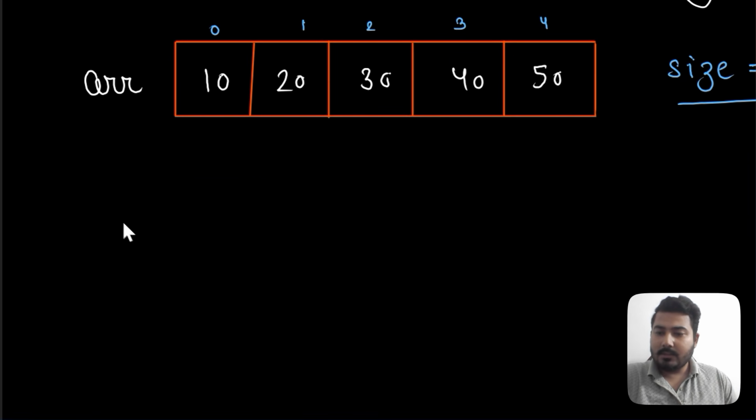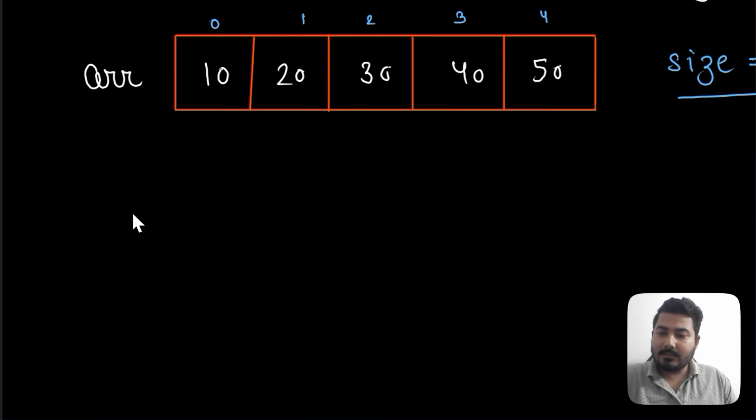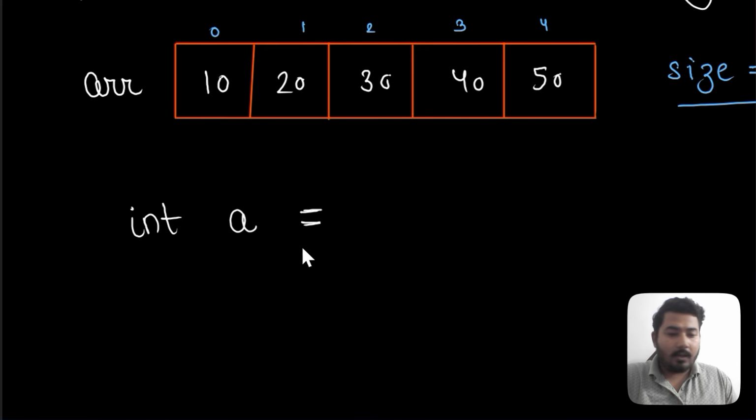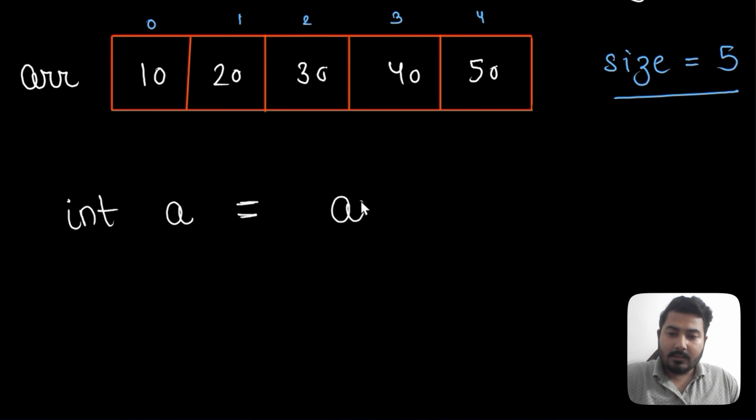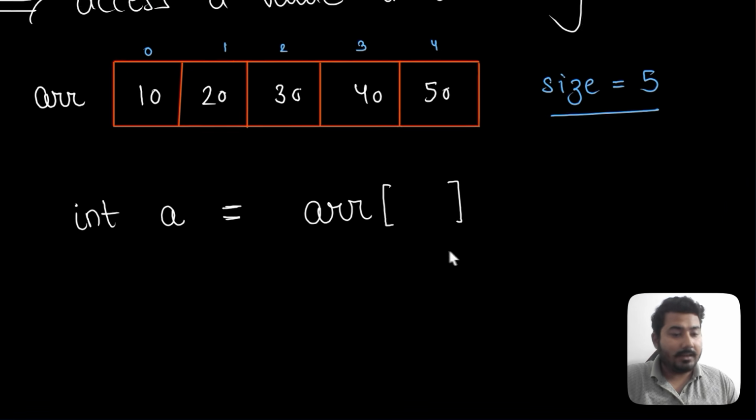So how do I access it? I will simply declare a variable. I'm going to call it, let's suppose, A. How do I access it? By using the name of the array. Also, inside the square bracket, I am going to mention the index of it.